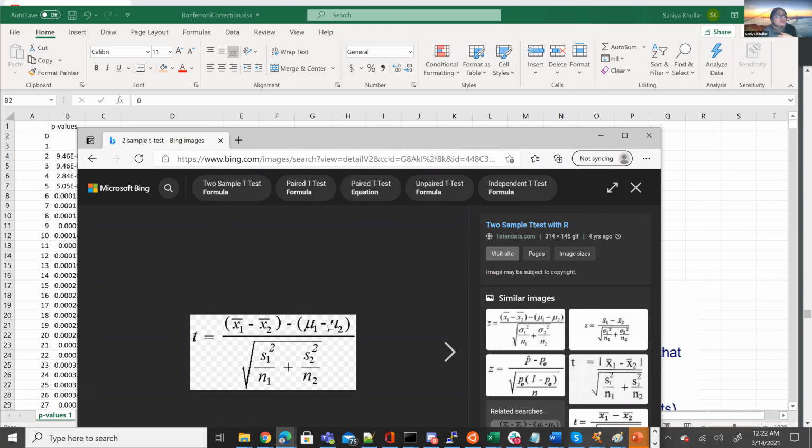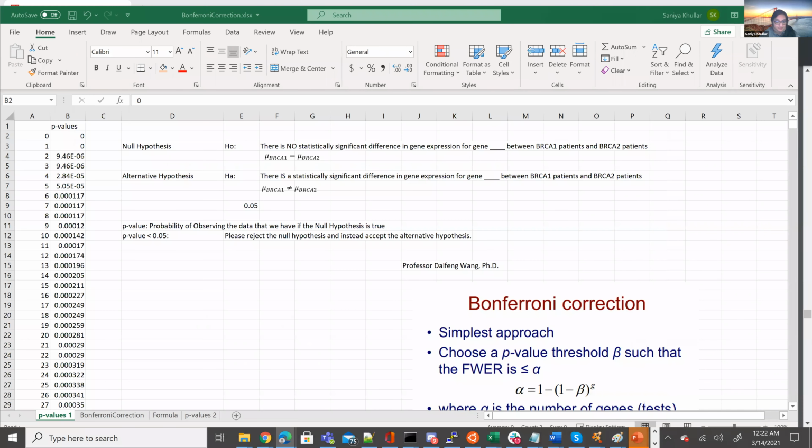We expect the difference to be as close to 0 as possible because we expect it to be 0 under the null hypothesis, that the average expression for this group versus the other group is the same. So we reject the null hypothesis and instead accept the alternative if the p-value is less than 0.05.